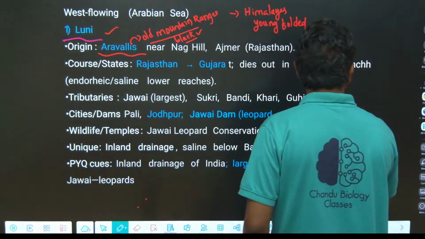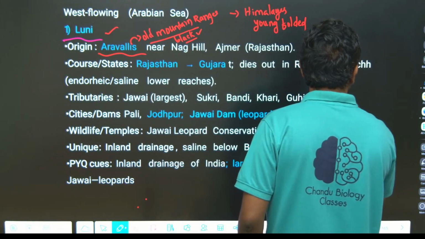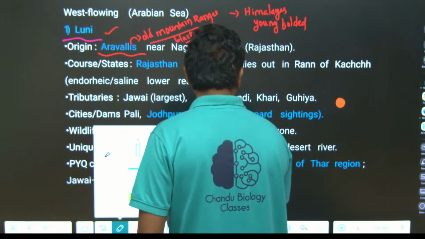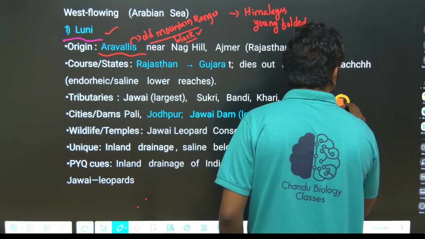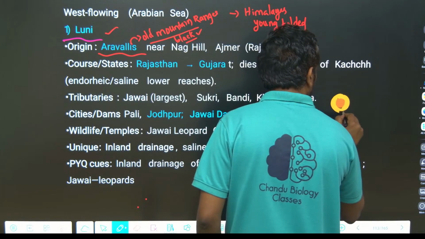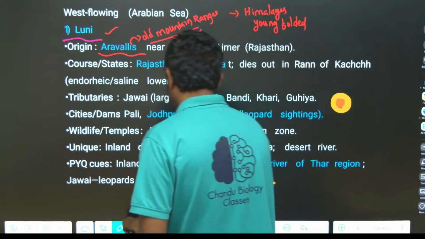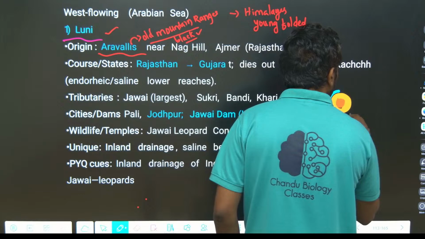This is the earth: core area, mantle area, and crust area.